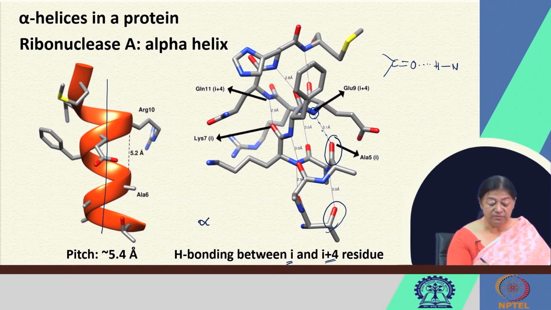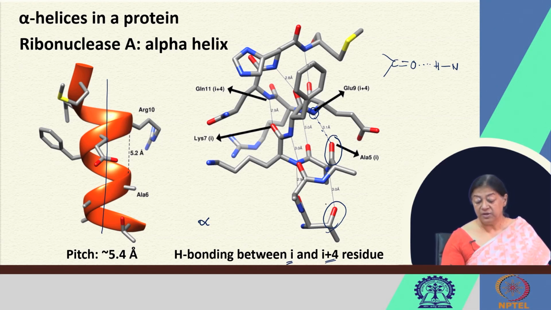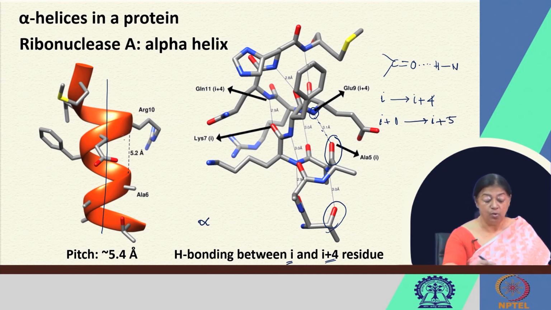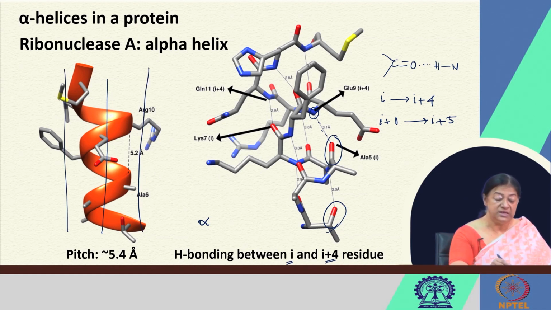So, when we have this i to i plus 4 bonding, we have the pattern. We have i to i plus 4, then i plus 1 will have a hydrogen bonding to i plus 5 and so on and so forth, that will hold this in this particular fashion where we will see the side chains protruding out.